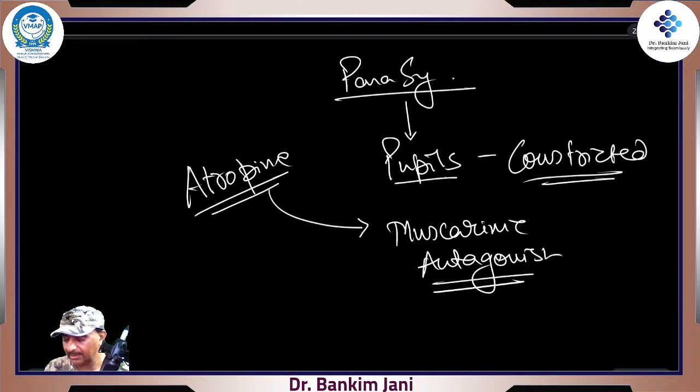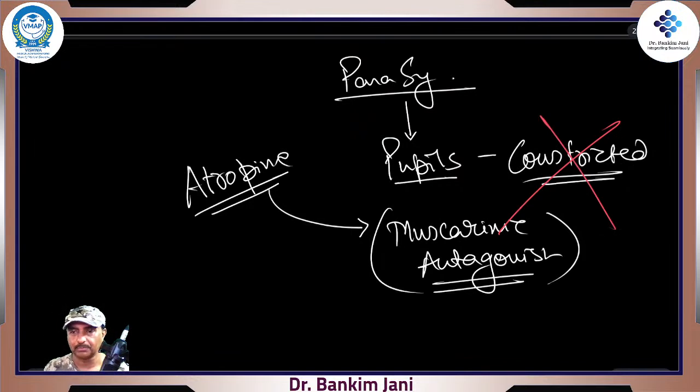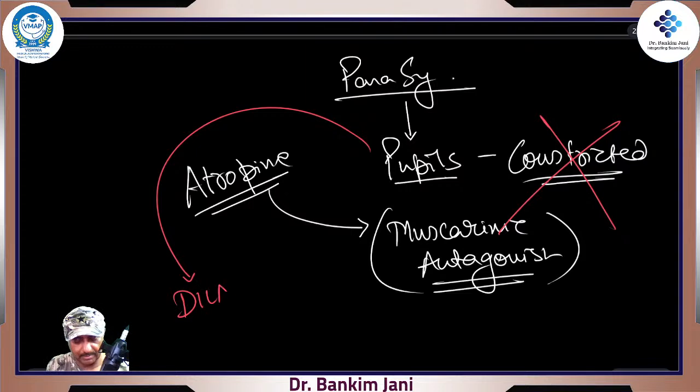They'll say, okay, you are constricting the pupil, let me restrict you. The pupils don't have a choice but to dilate, because the things which were getting constricted due to that receptor, we have blocked that only. So now the pupil will dilate.